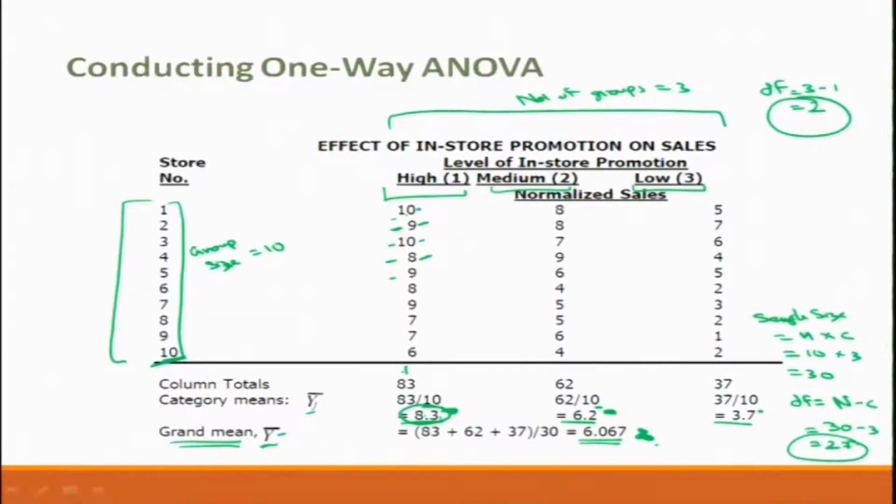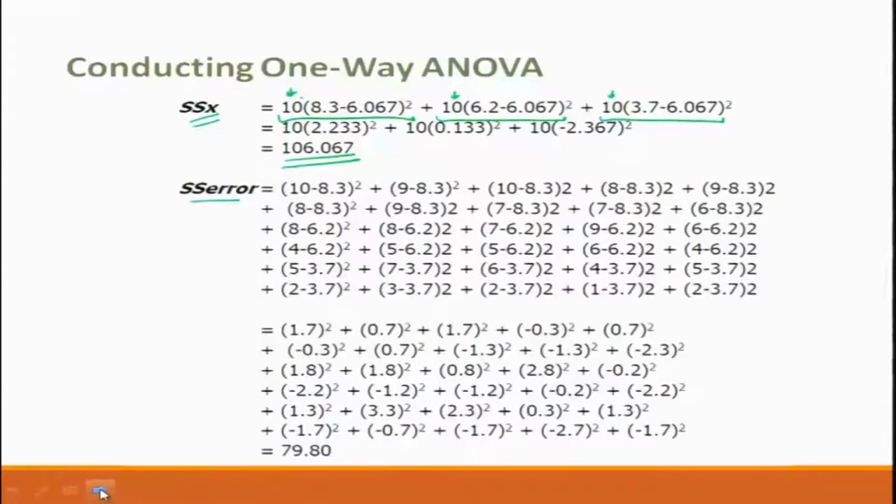We then move to the second category, 8 minus 6.2 whole square plus 7 minus 6.2 whole square, and so on. Then we move to category 3 similarly, and we get the SS error. And we got the total value as this much.